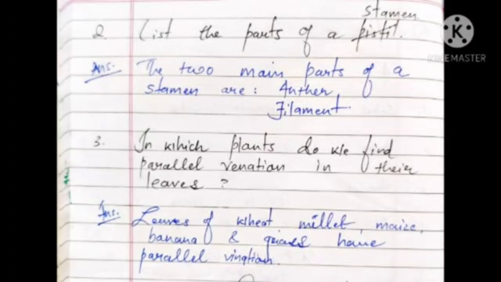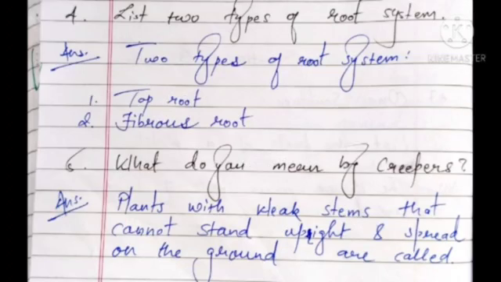And the answer is, leaves of wheat, millet, maize, banana and grains have parallel venation. Fourth question is, list 2 types of root systems, and the answer is, first one is taproot and second is fibrous root. Fifth one is, what do you mean by creepers? And the answer is, plants with weak stems that cannot stand upright and spread on the ground are called creepers.